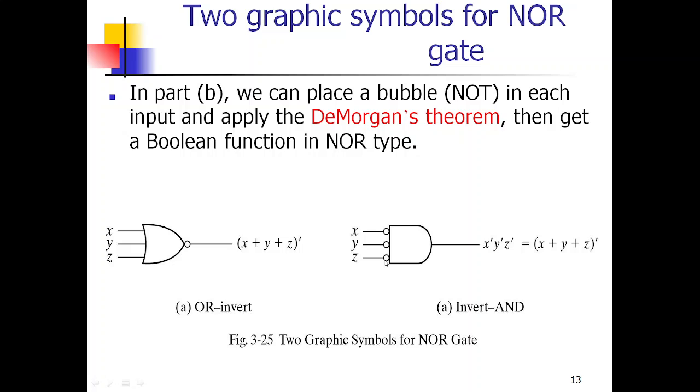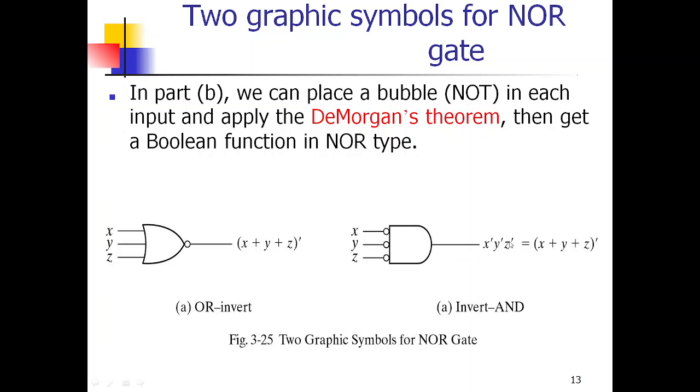We can place a bubble NOT in each input and apply De Morgan's theorem so that we can get the Boolean function of the NOR gate. The inputs are X, Y, Z. When they move through the inverter symbol, they become X dash, Y dash, Z dash.